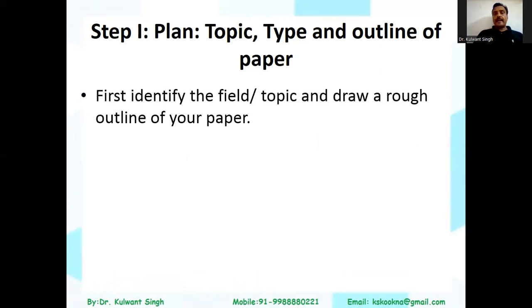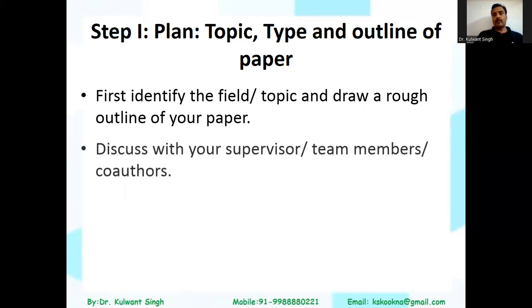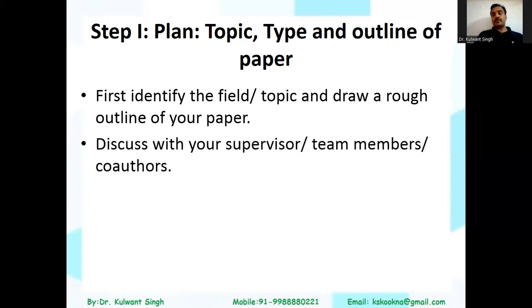So first identify the field or the topic and draw a rough outline of your paper. It means how to start. So first of all, just identify the topic and draw a rough outline of your paper. Discuss with your supervisor, your team members, your co-authors.